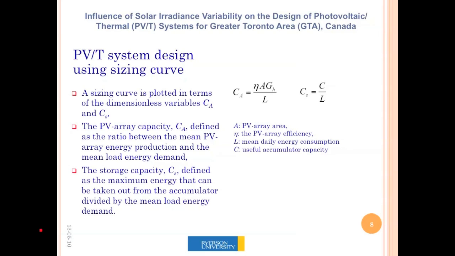Then by constructing a sizing curve, which is plotted using the PV array capacity and the storage capacity, and by having that sizing curve, we can have a design system which gives us a reliable power supply.